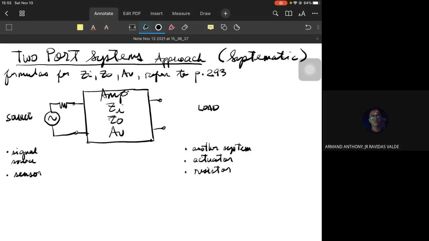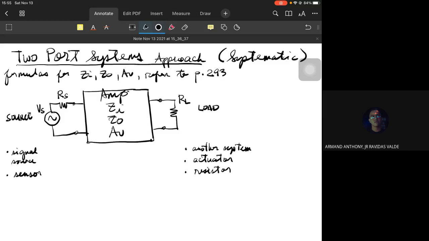This resistor is the internal resistor of our source. We call our source VS, the voltage source, and our internal resistor RS, or source resistor. For the load, a plain resistor can model our load, and we call that RL.